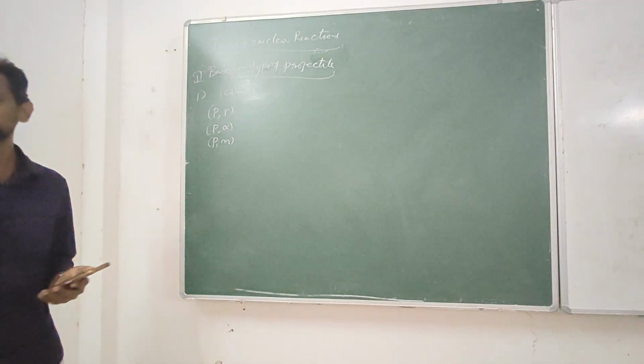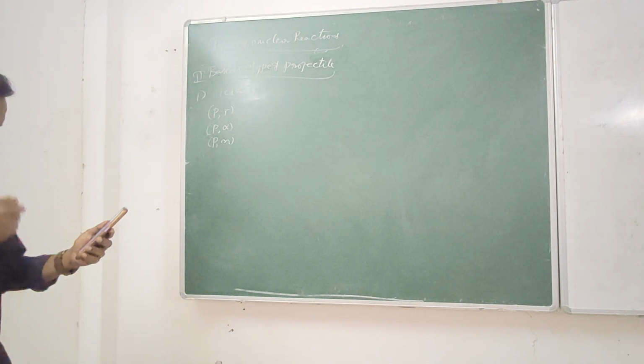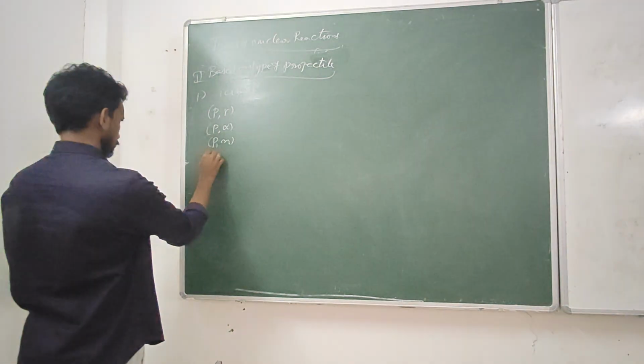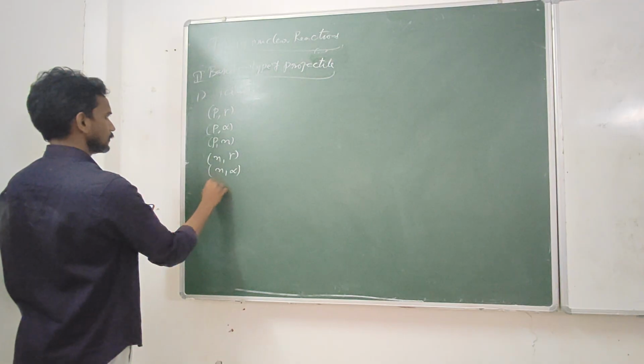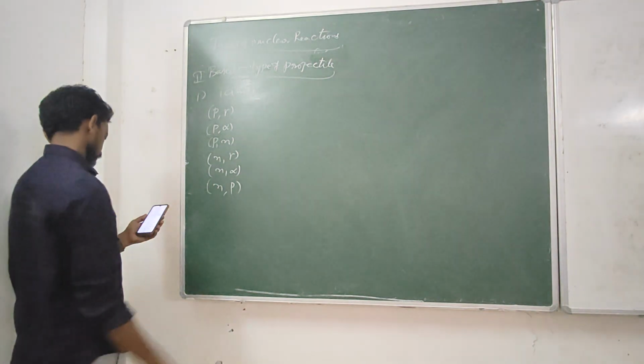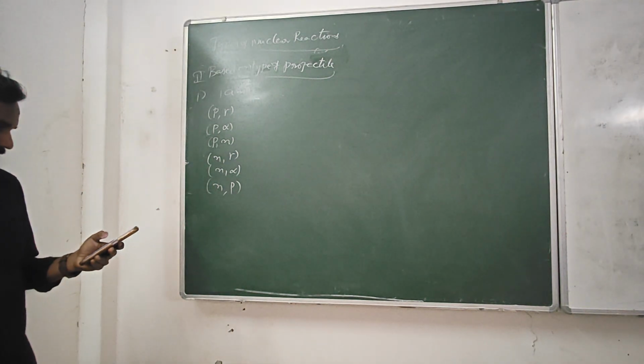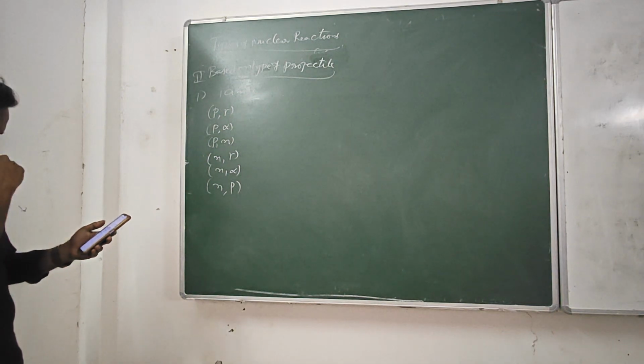These are the three possibilities. Same rule applies even for neutron. Neutron releasing a gamma, neutron releasing an alpha particle, neutron releasing a proton. So these are the types of reactions we need to see.